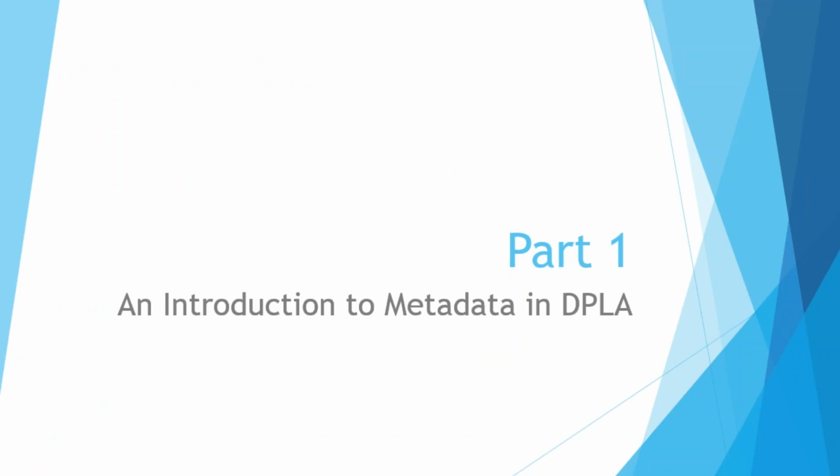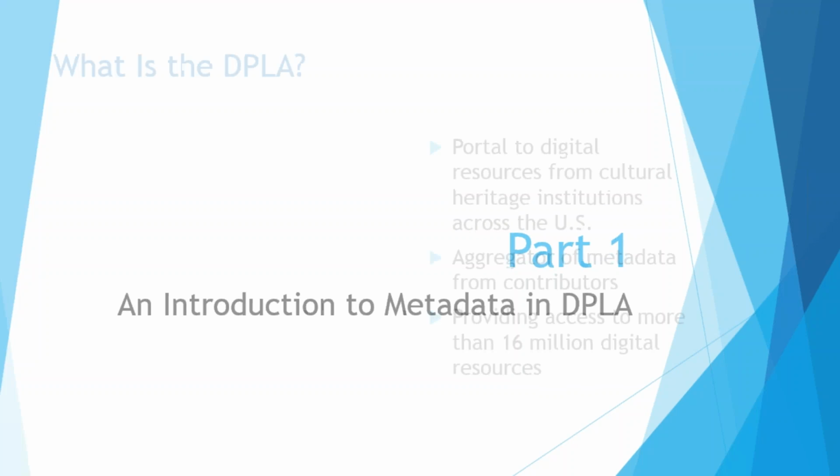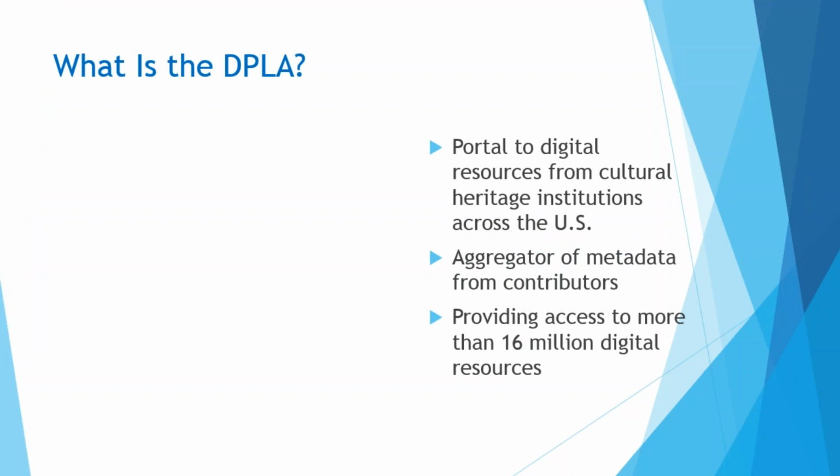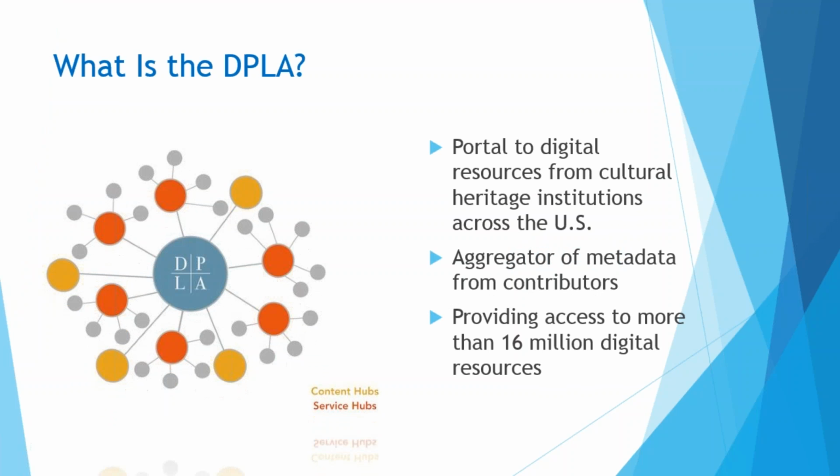So we're going to talk a little bit about metadata in DPLA. Some of you, hopefully most of you, are familiar with what DPLA is, but if you're not, we're going to just go over what DPLA is. The DPLA is the Digital Public Library of America, and it is a portal to digital resources contributed by cultural heritage institutions from across the United States.